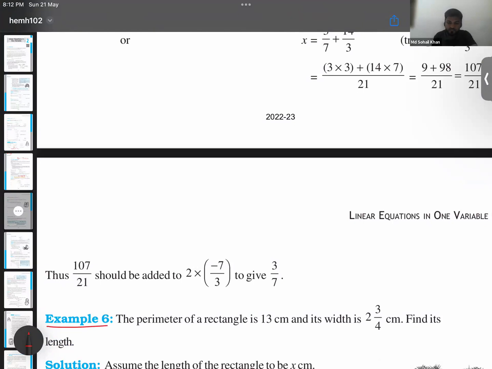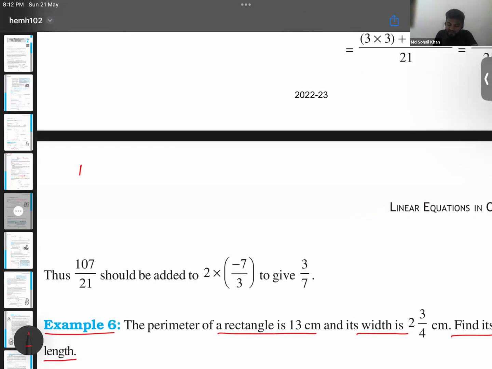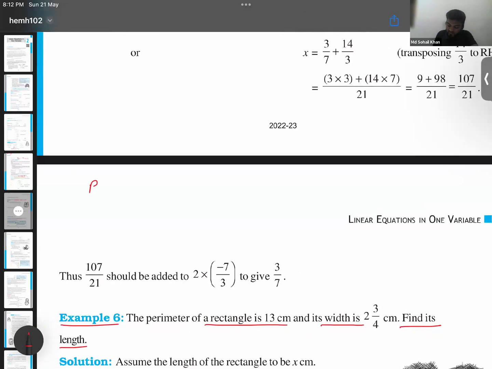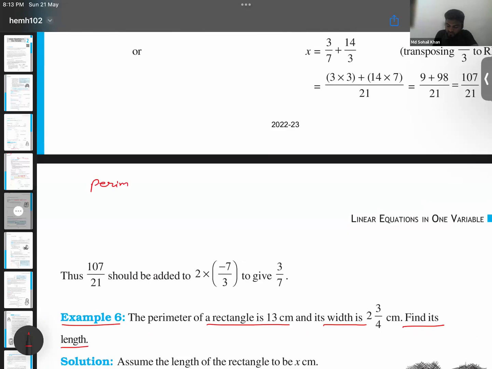The perimeter of a rectangle is 13 centimeter and its width is 3 upon 4 centimeter. Find its length. You need to find its length. Perimeter is given here. How much is it? 13 centimeter.